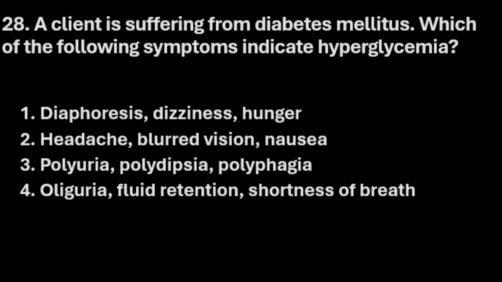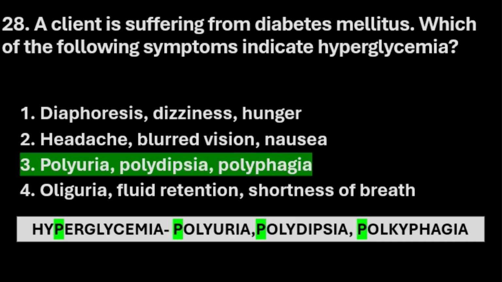Next question. A client is suffering from diabetes mellitus. Which of the following symptoms indicate hyperglycemia? Option 1 diaphoresis, dizziness, hunger. Option 2 headache, blurred vision, nausea. Option 3 polyuria, polydipsia, polyphagia, and option 4 polyuria, fluid retention, shortness of breath. Right answer is option 3 polyuria, polydipsia, polyphagia.